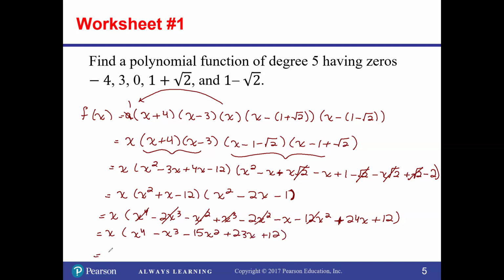So if I expand one more time, I have x to the 5th minus x to the 4th minus 15x squared, or x cubed, plus 23x squared plus 12x. So like I said, this is just one of the possible polynomials that is a 5-degree polynomial with these 5 roots.